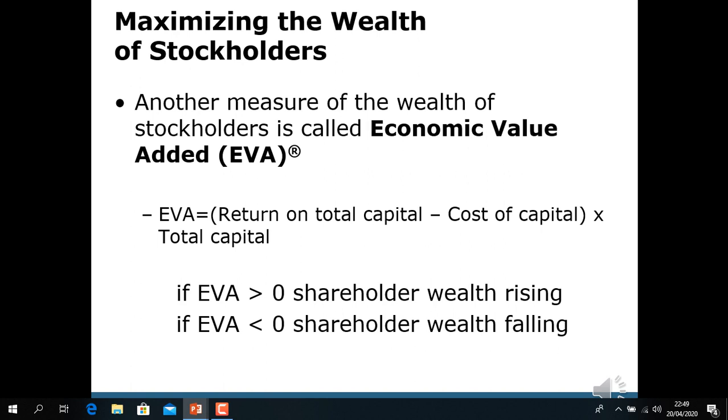Or EVA is return on capital minus cost of capital times total capital. If we get EVA more than zero, it means that shareholder wealth is rising. But contrary to that, if EVA is less than zero, shareholder wealth is falling.